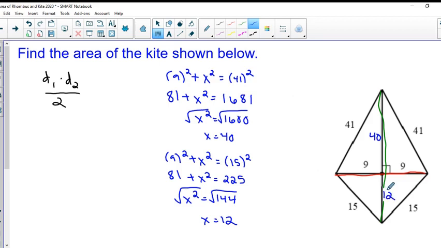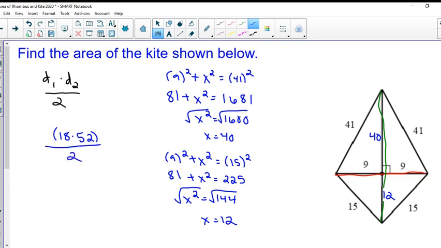Okay, now that we have our diagonals, we just need to do our formula now. So remember, this diagonal is 18. And now notice our green diagonal here, we're going to do 40 plus 12 and use 52. So first diagonal is going to be 18, that's our 9 plus 9. Then our second diagonal is going to be 52, that is our 40 plus 12.